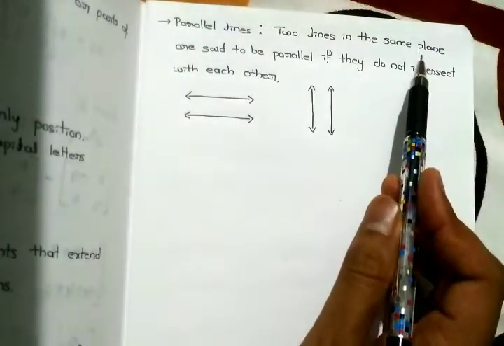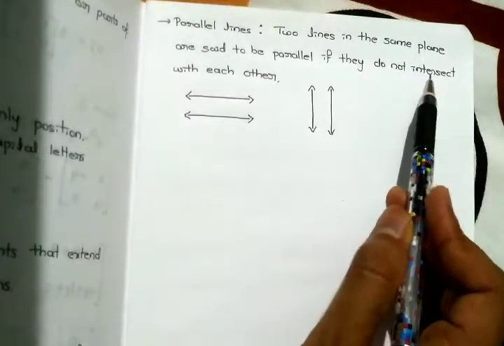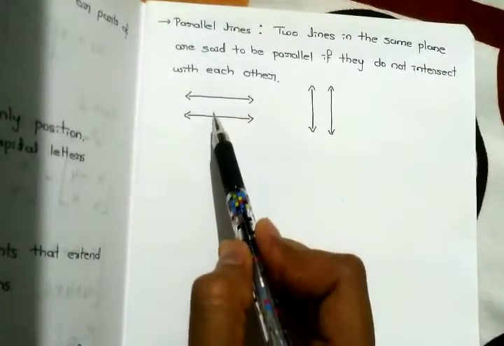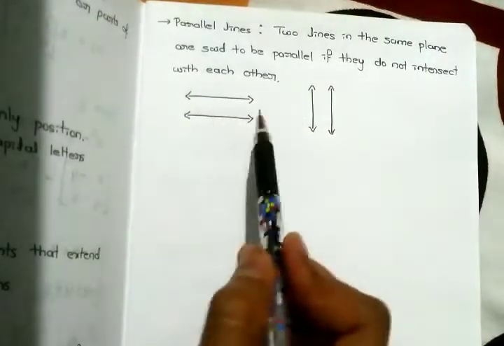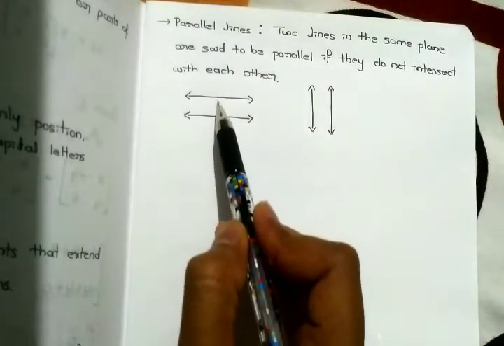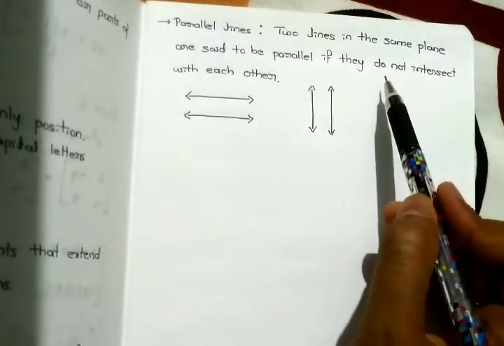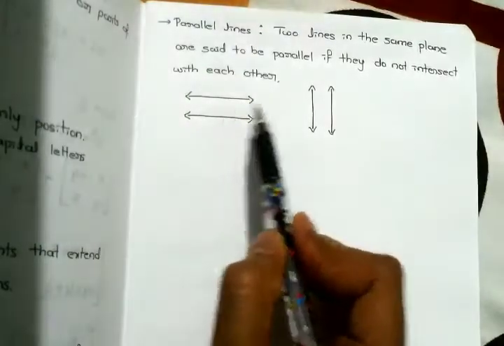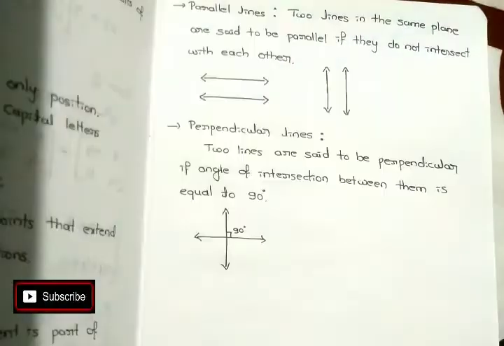Do not intersect means they will not meet each other. If we extend in both the directions, these two lines are never going to meet. That is the meaning of do not intersect. Such types of lines are called parallel lines.